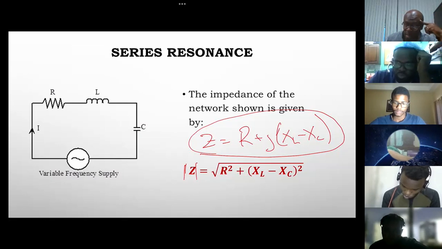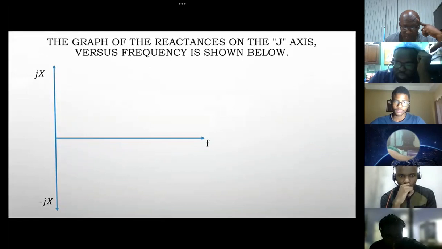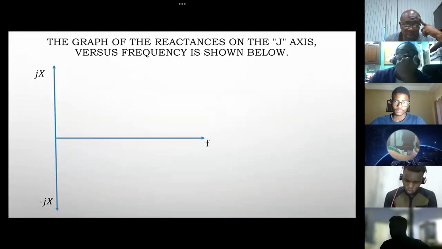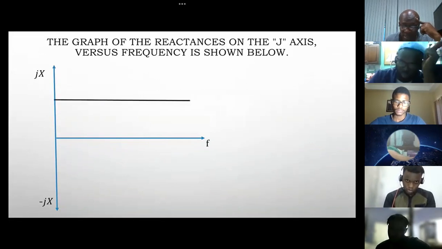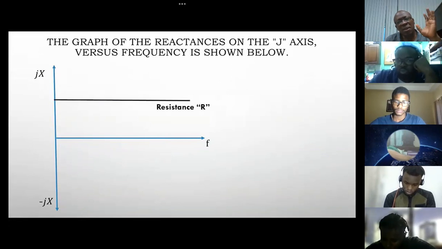If we represent these graphically, that is our inductive reactance, capacitive reactance, and resistance. If we start with the resistance, we know that that would be constant for the frequencies being considered. And here, again, as I said on Monday, we're not interested in skin effect and that sort of thing.